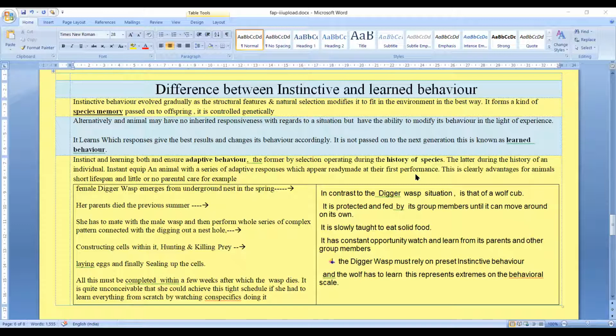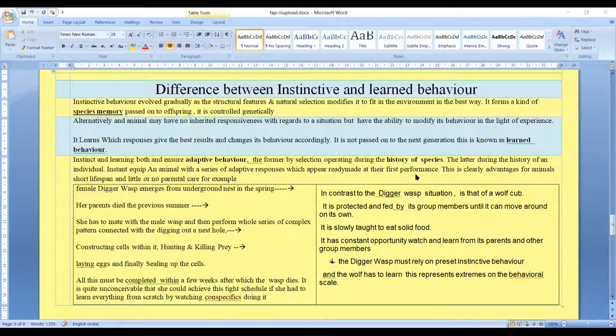See, no parental care. Some individuals do not even see their parents, but still they perform the same behavior which their parents have performed.